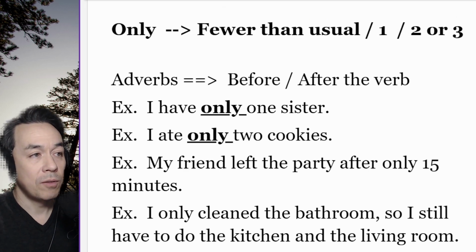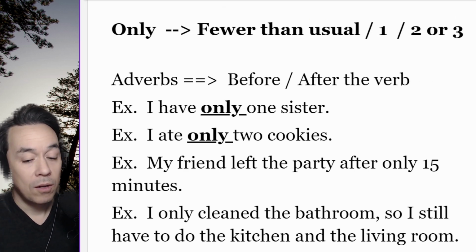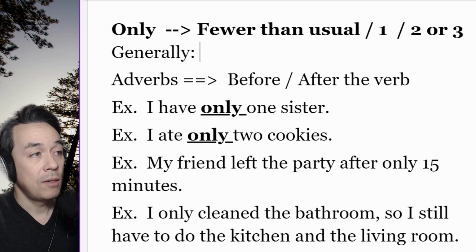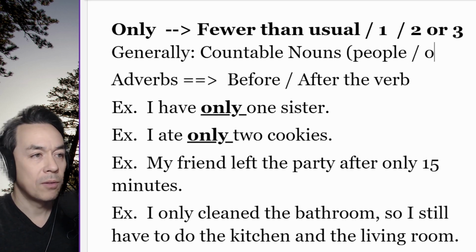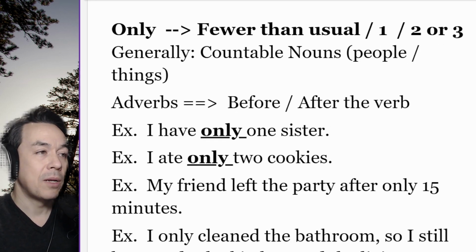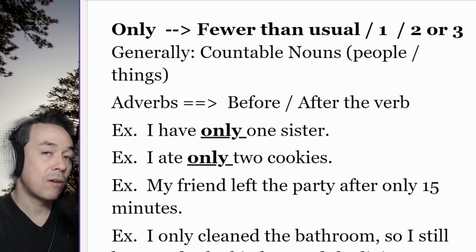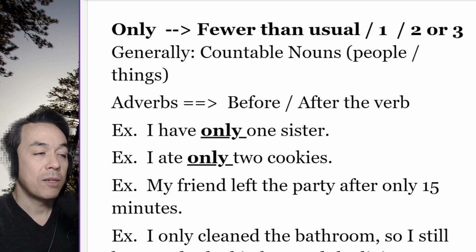I would say generally it's about countable things. People are things, but not always. So there are cases where we say "only" in other ways, but I'll do that later.